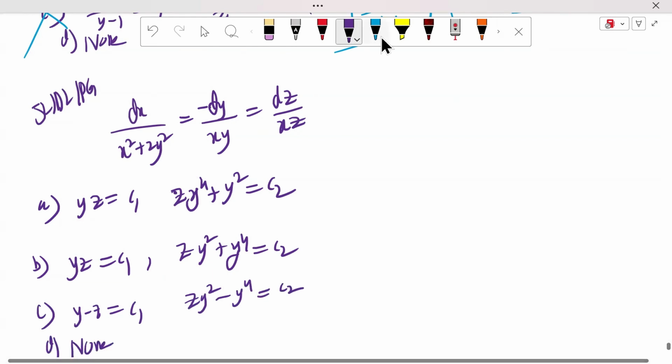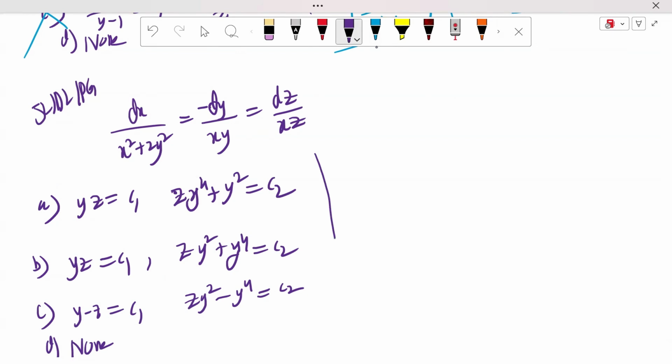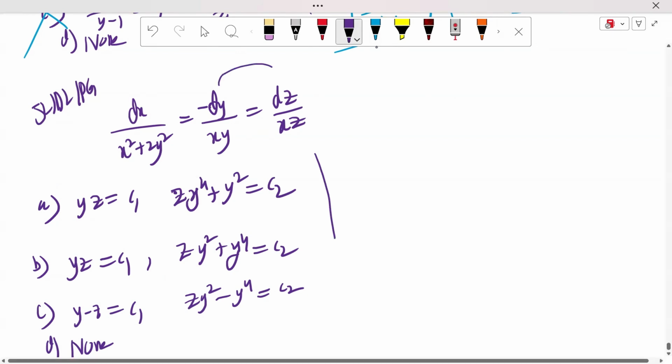These are the options. We can take the first two fractions, or we can take the last two fractions. These two fractions are easy to solve. So it is nothing but dy by minus xy is equal to dz by xz.